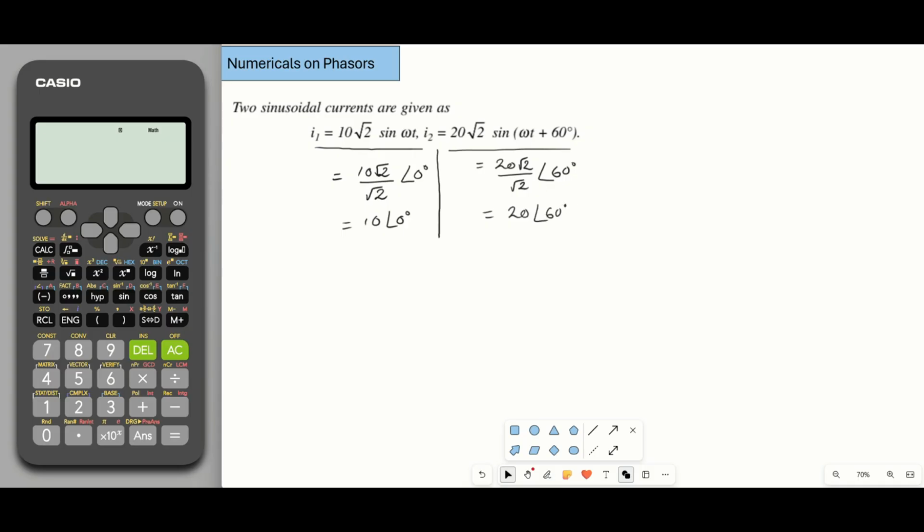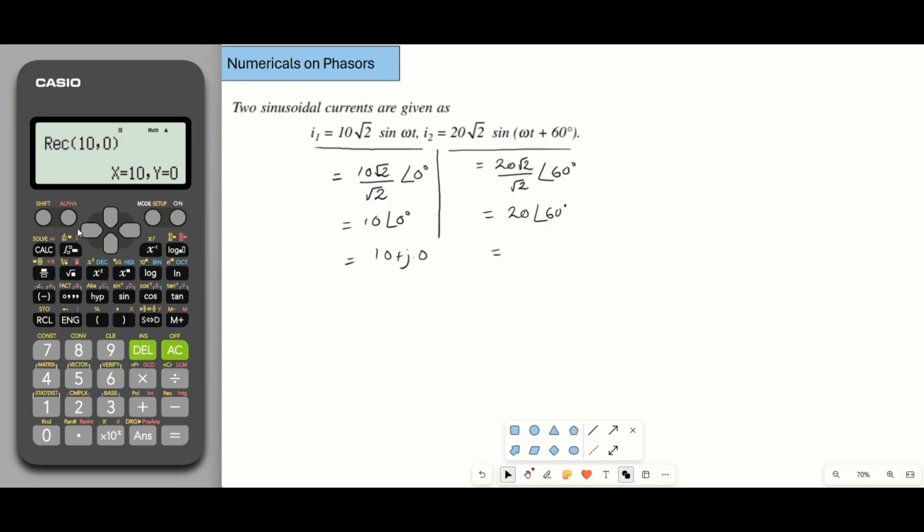Now as we know, for addition we have to convert the values into rectangular form, then only we can add. So if you convert this into rectangular form using the calculator, REC, the first one is 10 comma 0, so the rectangular value is 10 plus J0.